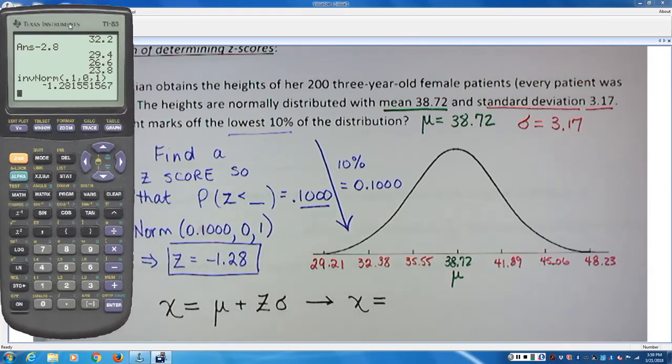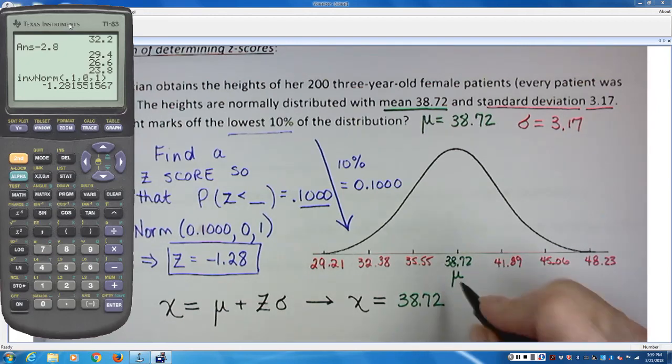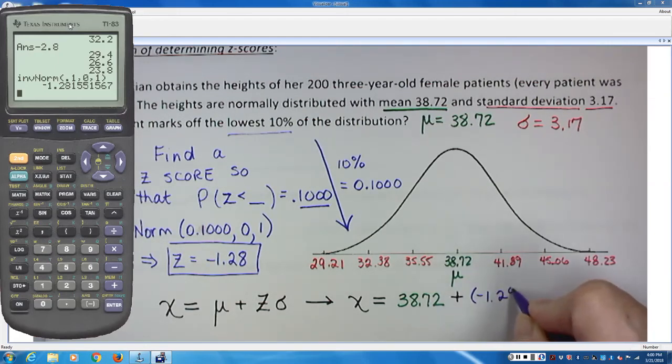So our x is equal to the mean, which is 38.72, plus the product of the z-score, which is negative 1.28, and the standard deviation, which is 3.17. And we'll just do a little bit of arithmetic.